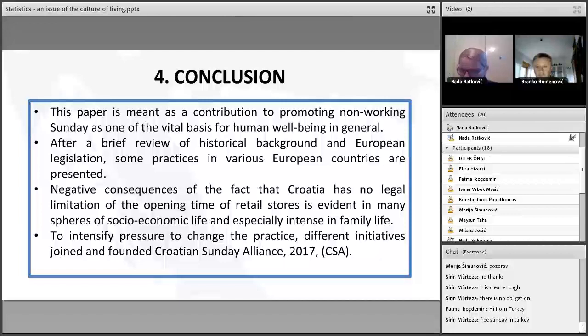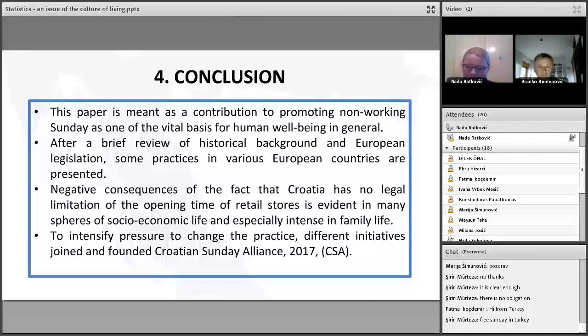After a brief review of historical background and European legislation, some practices in various European countries are presented in this work. Negative consequences of the fact that Croatia has no legal limitation of the opening time of retail stores are evident in many spheres of socio-economic life, especially in family life.